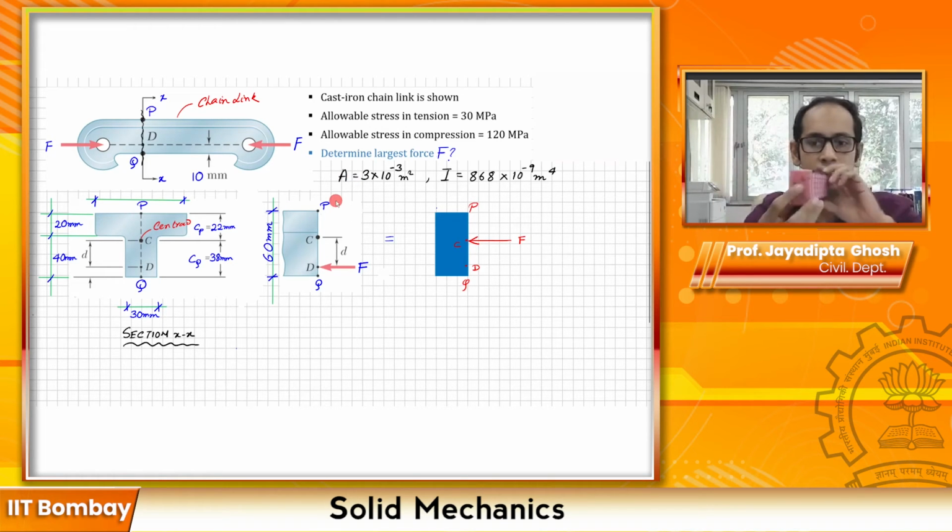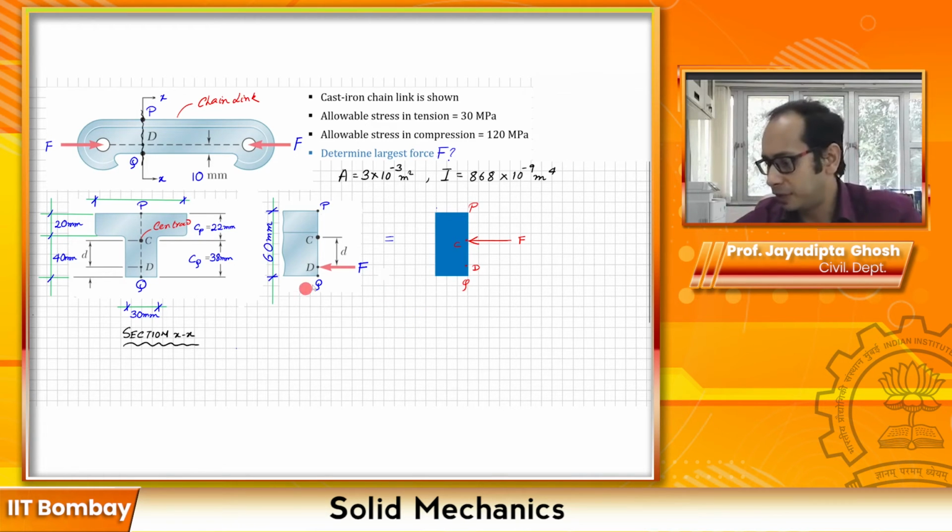Again, plain intuition: the direction of the moment will be clockwise, so it is going to sag your beam. So F times D is the moment arm, and it's a clockwise moment. This is the moment M, which is equal to F times D.